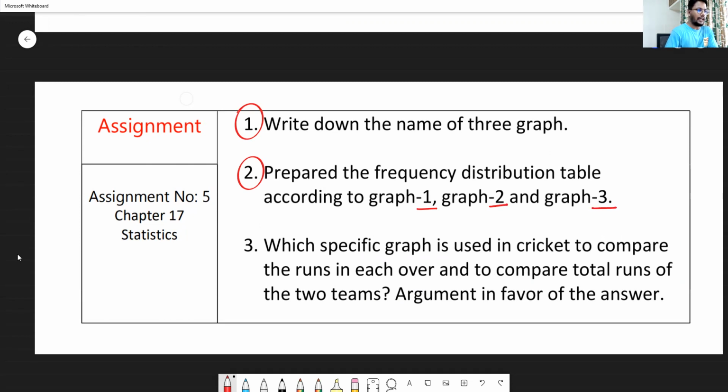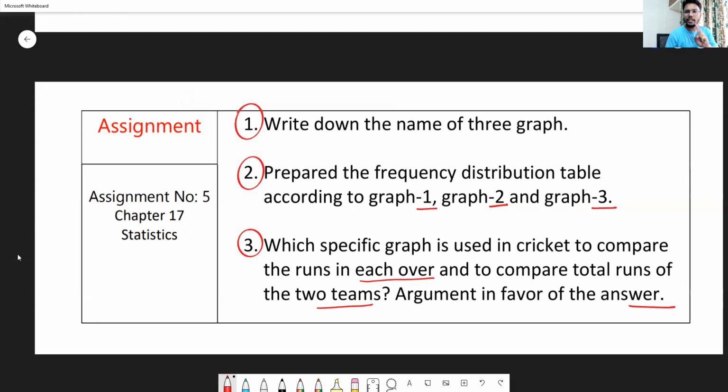And then the next question, another most important question related to our real life: which specific graph is used in cricket to compare the runs in each over and to compare the total runs of the 2 teams, and give an argument in favor of your answer.